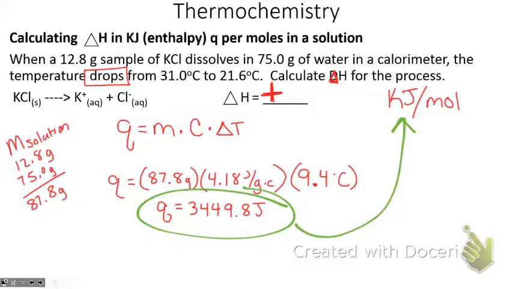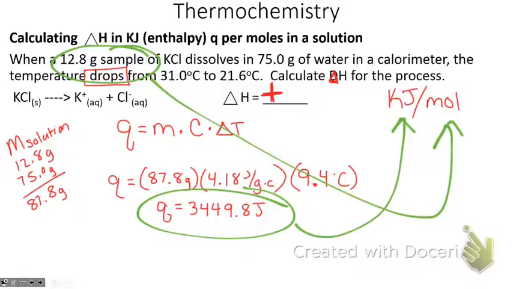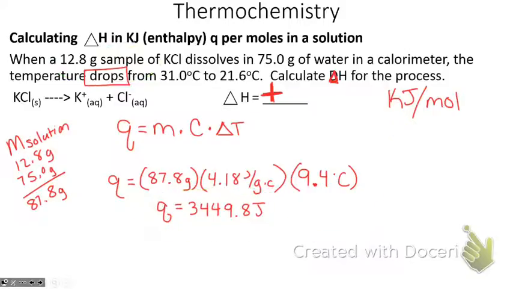Well, I can quickly flip that to kilojoules, plug that into my numerator, and then from my problem, I have grams of my solute. I can quickly flip that to moles and put that in my denominator. So that's exactly what I'm going to do. I'm going to do two side calculations here.